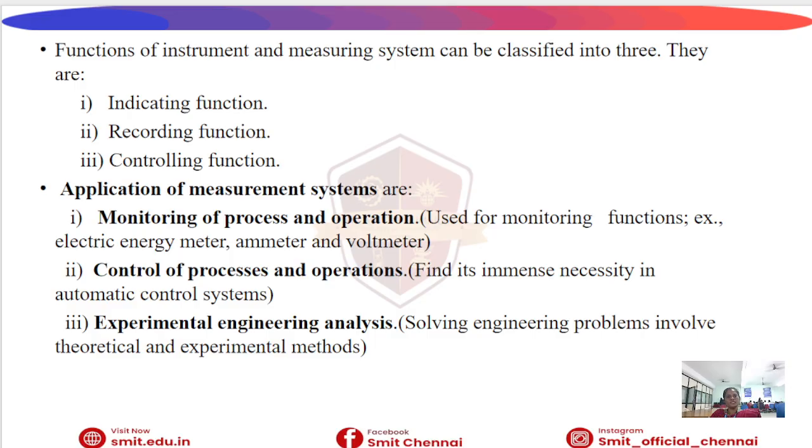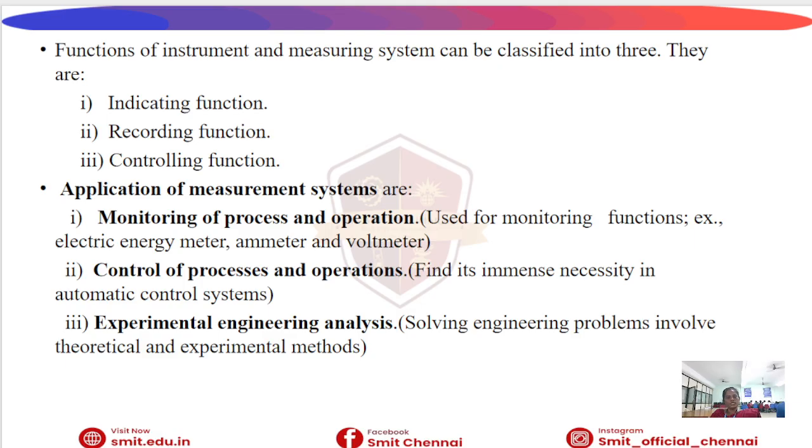Another application is control of processes and operations, which is very important in automation systems. The third application is experimental engineering analysis, where theoretical results are verified using experimental data obtained through measurements.